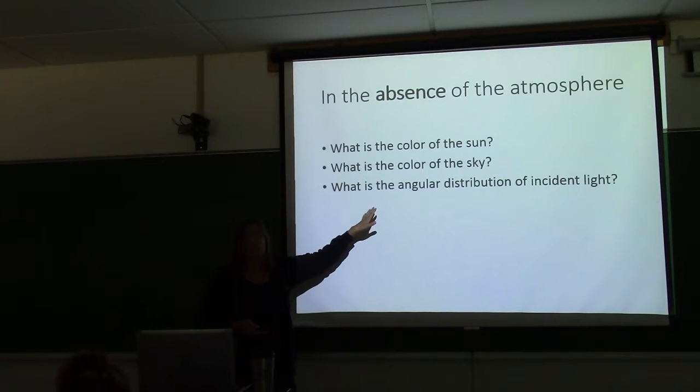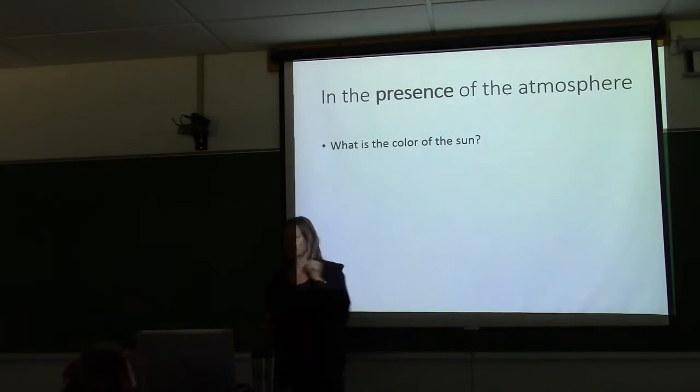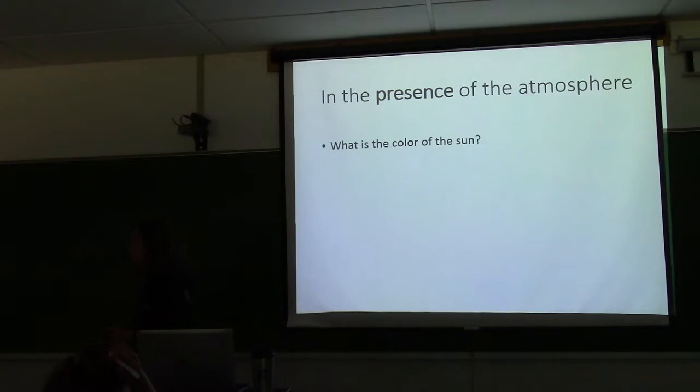As soon as we put the atmosphere in, now the color of the sun depends on what's in the atmosphere. Because you could be absorbing some wavelengths away from the solar beam. You are also scattering preferentially certain wavelengths away from the sun.